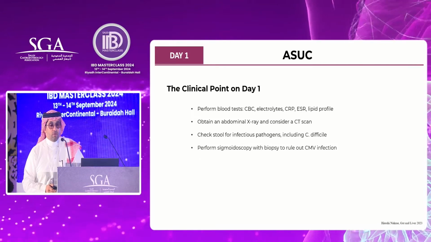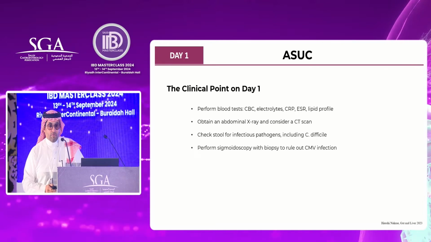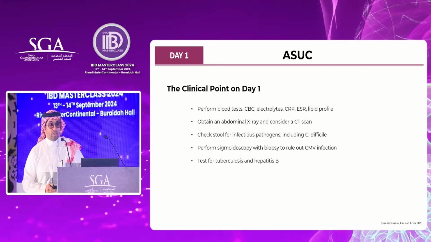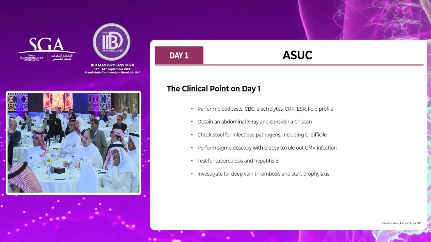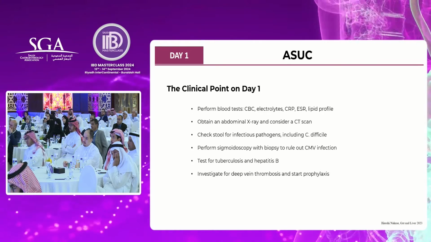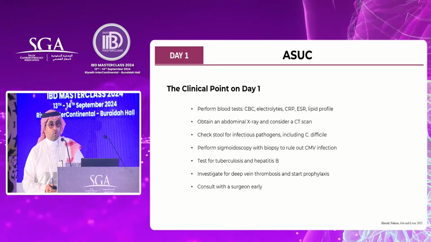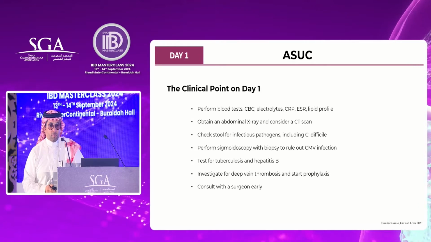And also do the flex sigmoidoscopy the second day unprepared to rule out CMV colitis, and test for tuberculosis and hepatitis B to prepare for any rescue therapy, and investigate for deep vein thrombosis and start prophylaxis, and consult the surgery early. Please keep the surgery on board from the first day.